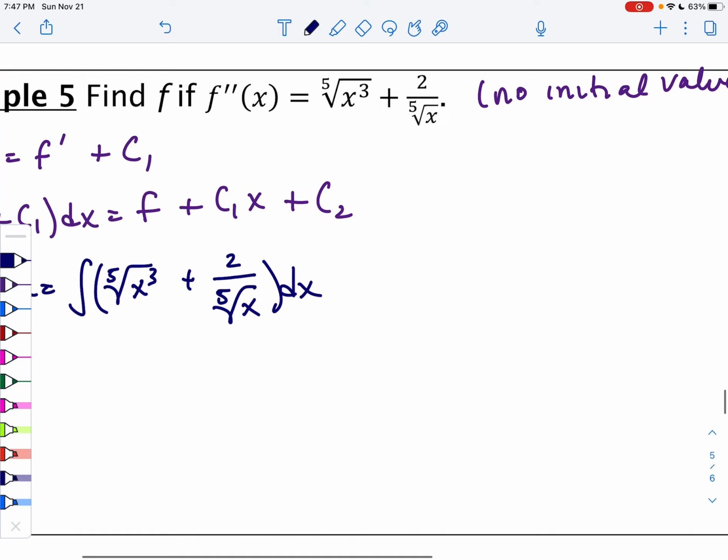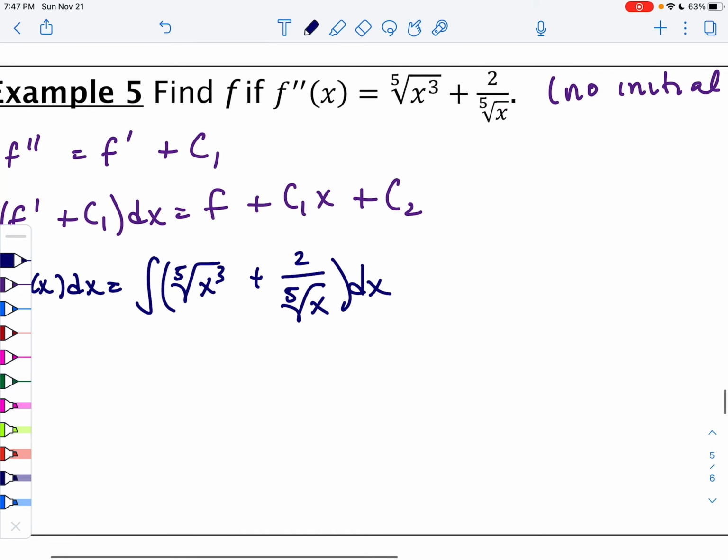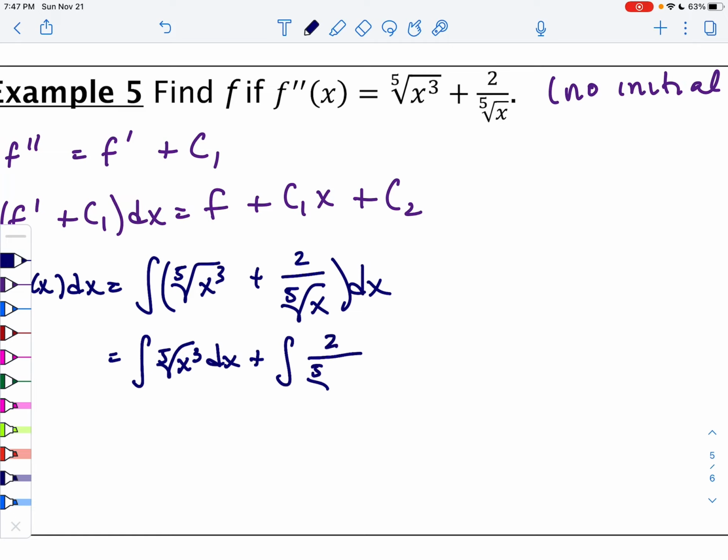We know that the integral, or the antiderivative of a sum, is the sum of the antiderivatives. So we know that this is going to equal the integral of the fifth root of x cubed dx plus the integral of 2 times the fifth root of x dx.